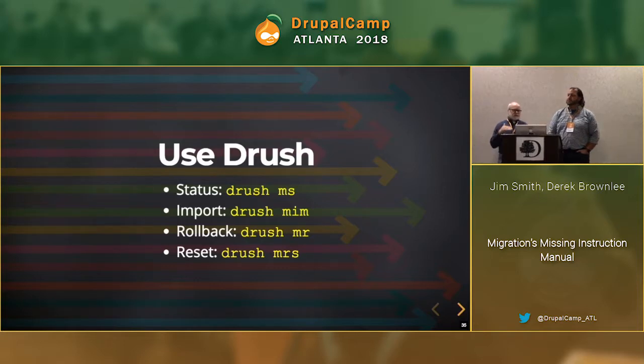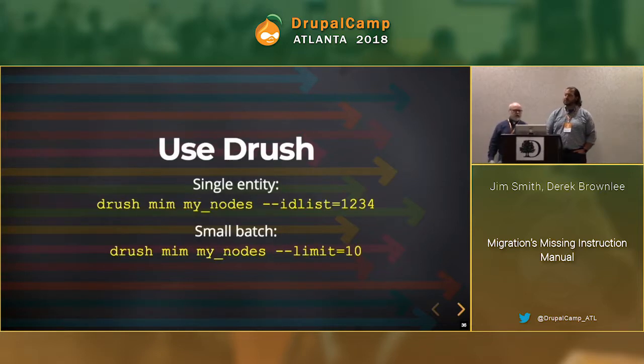And reset is only needed when sometimes the migration will get stuck, it thinks it's still running, and you need to reset it to what's called an idle position so that you can rerun things. That's really just kind of a bailout.